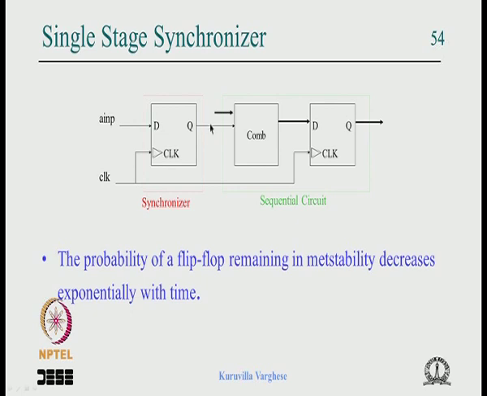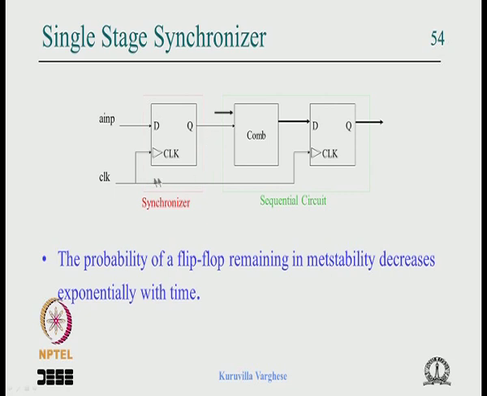But now if it gets into metastability it should come out, propagate and meet the setup time here. Okay. So how much time is available for it to come out of metastability? That is the total clock period minus the time for propagating through the combinational circuit minus the setup time; at least by then it should come out.